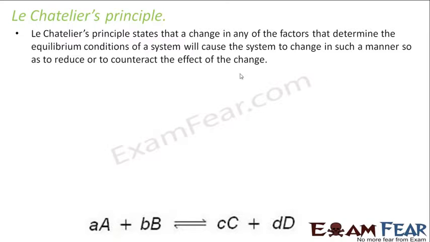It says that if a system is in equilibrium, for example A plus B is my reactant and C and D is my product, and I change any of the factors that determine equilibrium, for example pressure, temperature, volume, then the system will react in such a way that it counteracts the effect of the change. But something like a catalyst doesn't determine the equilibrium.